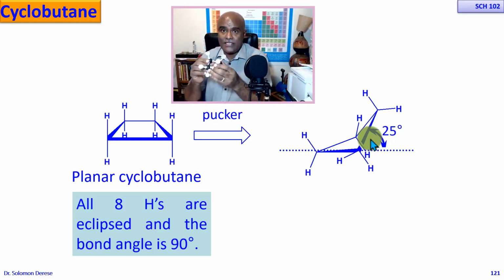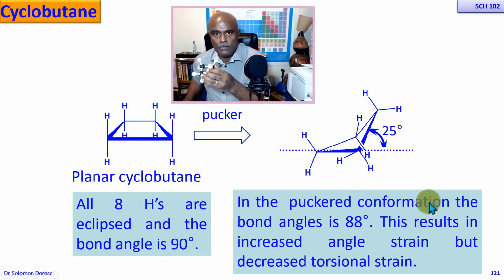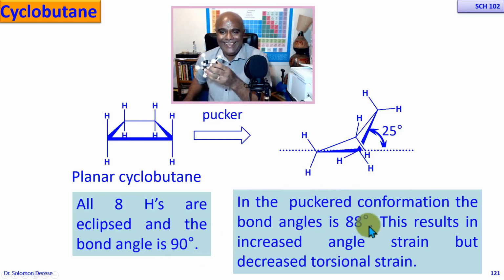Unfortunately, as it adopts this three-dimensional puckered conformation, its bond angle is reduced from 90 degrees to 88. In the puckered conformation, the bond angle is 88 degrees. So this results in an increased angle strain, but decreased torsional strain.